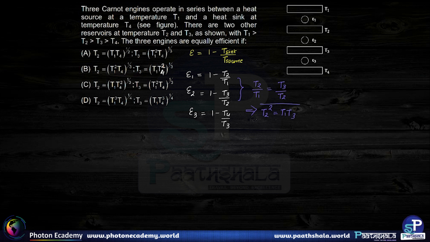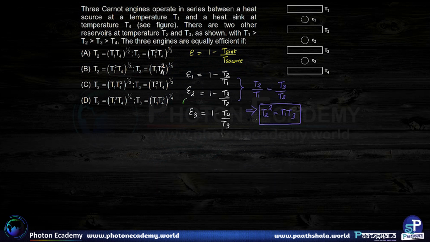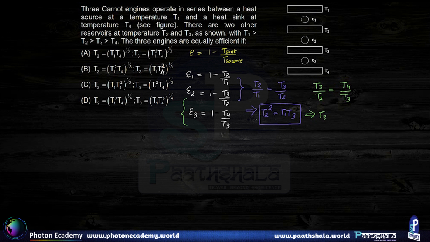So this is one relation that we have. The second relation is obtained by equating epsilon 2 and epsilon 3. So if we equate the two, we get T3 upon T2 is equal to T4 upon T3, which would imply T3 square is equal to T2 T4.